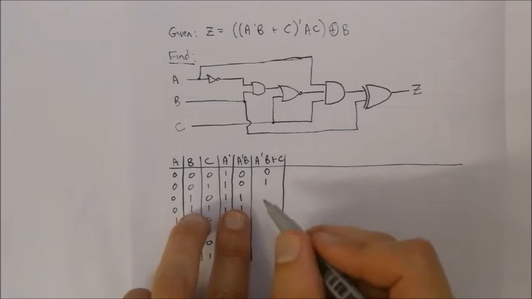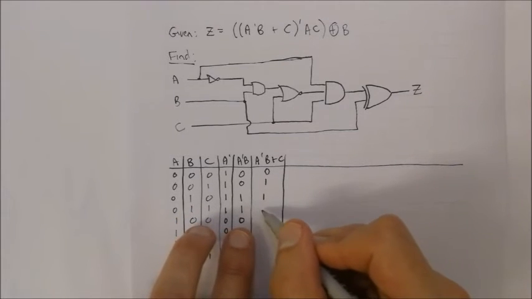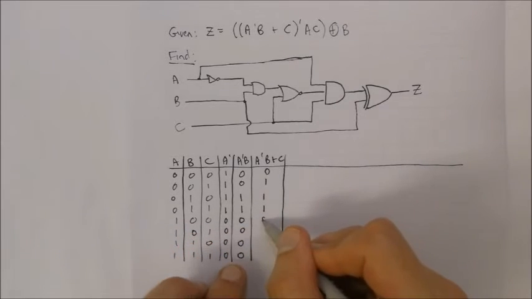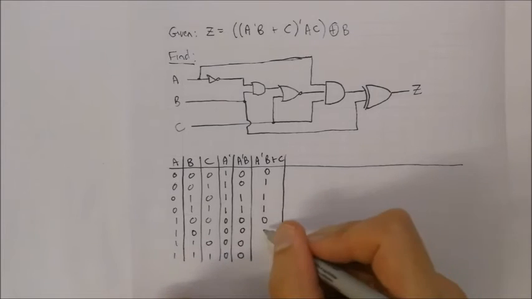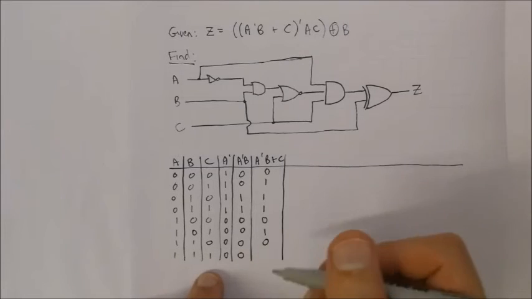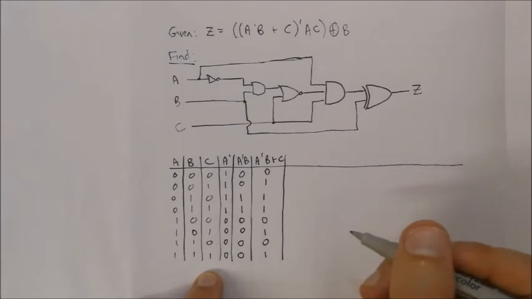Over here we've got a 1, so the output is 1. Over here both inputs are 1, so the output would be 1. Over here both inputs are 0, so the output would be 0. Got one input over there that's a 1. Over here both of them are 0, so that will give you an output of 0. And over here we've got one input that's a 1, so the output is 1.